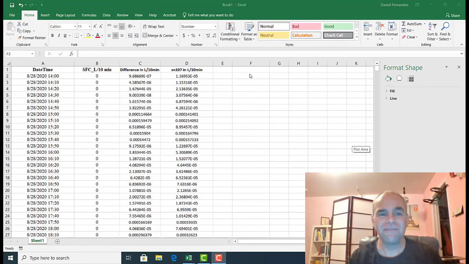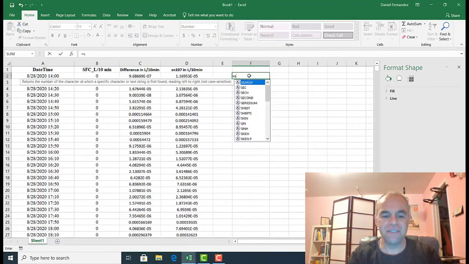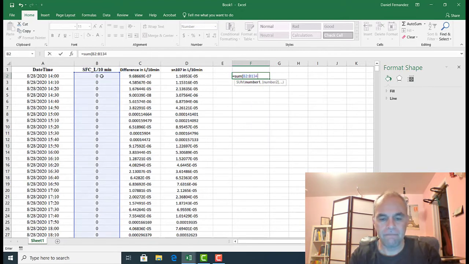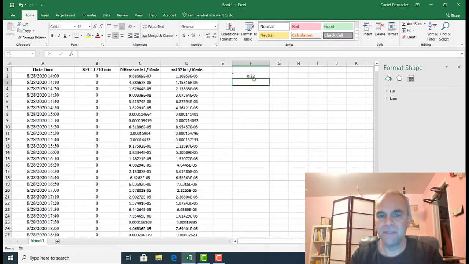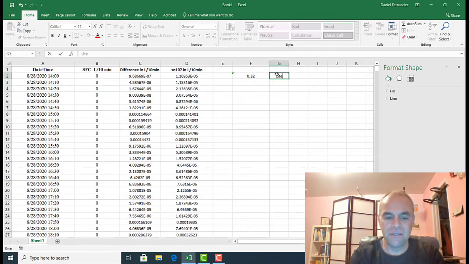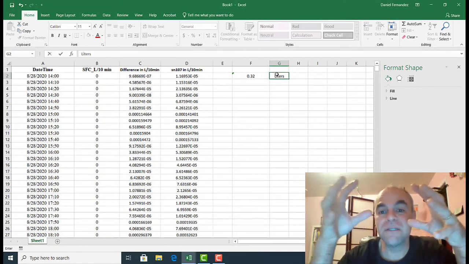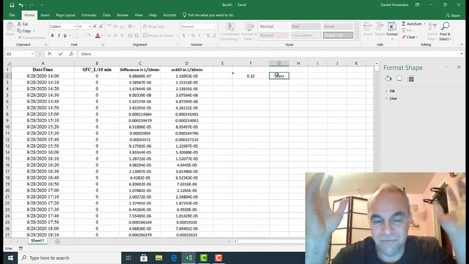I want the sum of all of the data from cell 2 in column B to cell 134 of column B. So I'm going to say, give me the sum of all the data from B2 to B134. There it is, 0.32, and that is in liters. So over that time period, I got about a third of a liter, which is maybe a big cup of water from my fog collector.